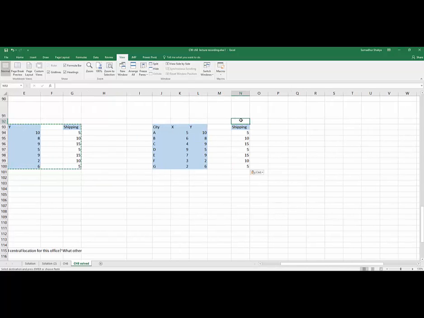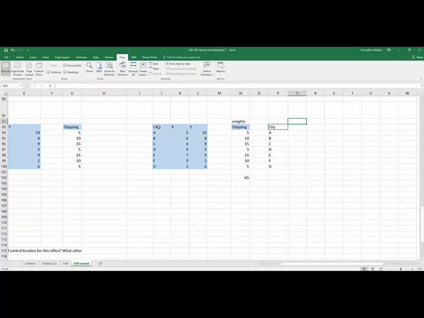If you look at this, the first thing we want to do is calculate a weighted average for all the cities, A through G. However, unlike last time, if we use our shipping volume as weights, the summation of the weights is not going to equal 1. Therefore, we need to divide our end result by the sum of the weights.